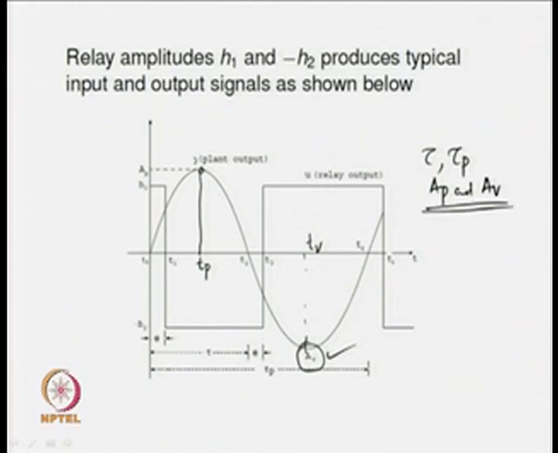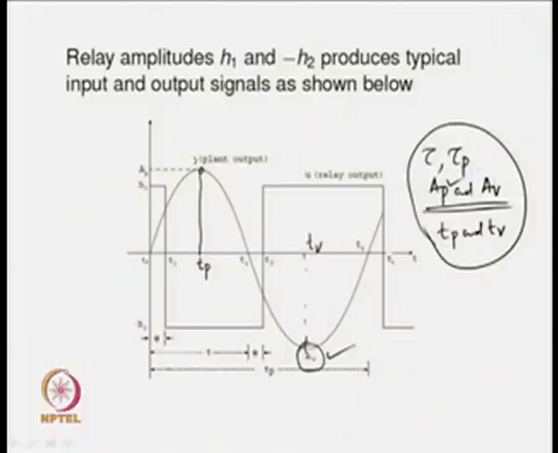Whereas, if one wishes, one can make use of 2 more expressions we have found, those are the expressions for T p and T v. So, we have got 2 more expressions. It is up to the user, if it is difficult to find solutions for the set of nonlinear equations, instead of using the nonlinear equations for A p and A v, to make use of the expressions for T p and T v by making measurements on the peak times.